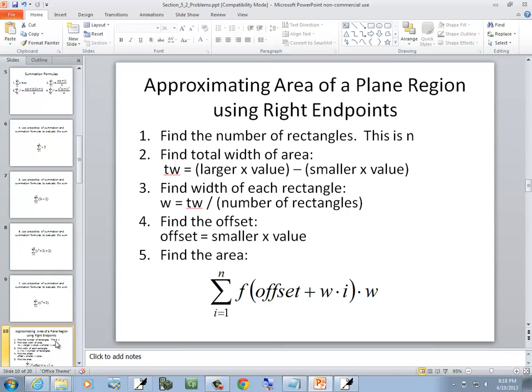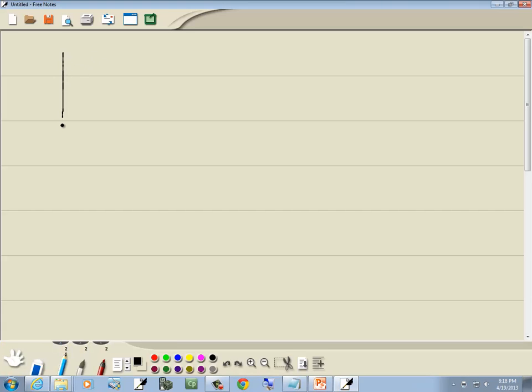Now this next part starts talking about approximating the area of a region. So let's talk a little bit about that. So if we have a region like that, and this will be a to b, and we're trying to find the area of this.